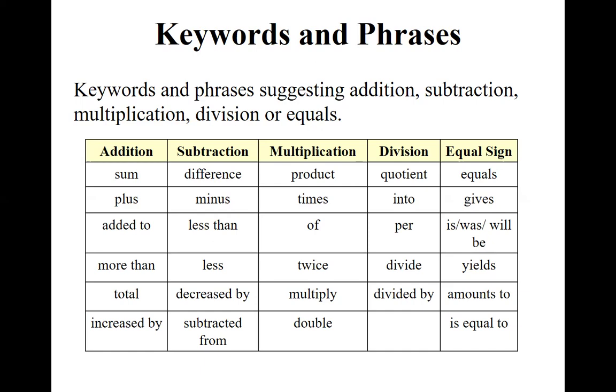And let's keep this pattern going. For the equal sign, order will not matter. If I say 3 equals 1 plus 2, that's the same as saying 1 plus 2 equals 3. So equals, gives, is, was, will be, yields, amounts to, is equal to. Any of those mean we have an equal sign.